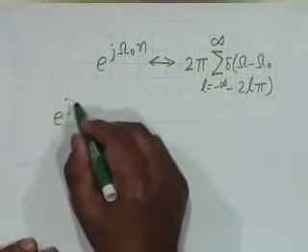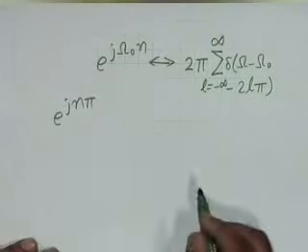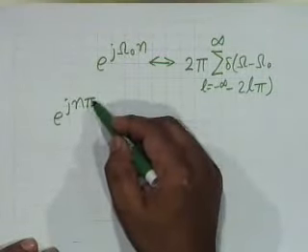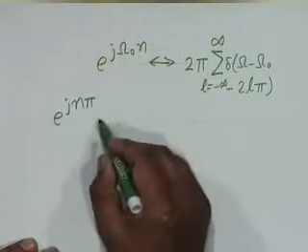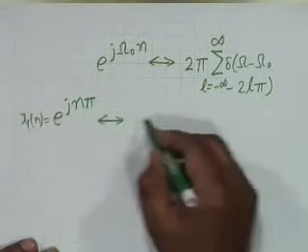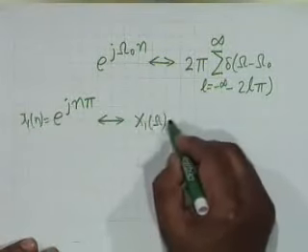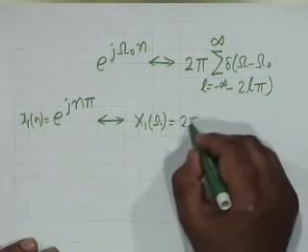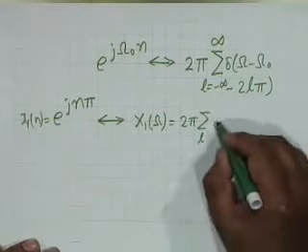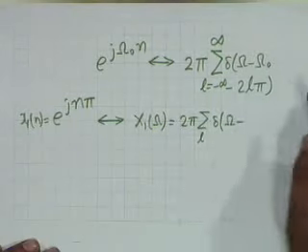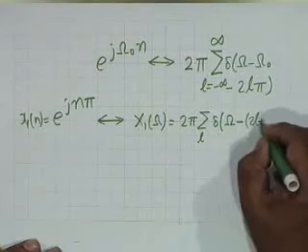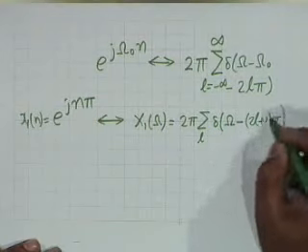Now what we have is e to the j n pi, and therefore omega 0 is simply pi. All right, omega 0 is simply pi, and therefore the Fourier transform of x1 of n is capital X1 of omega. That would be 2 pi summation over L delta of omega minus omega 0 is pi, so you shall have 2L plus 1 pi.